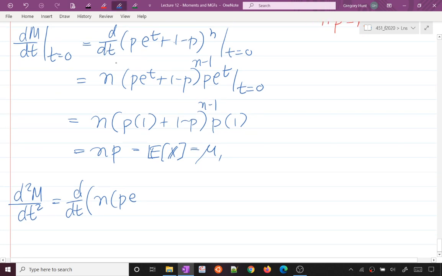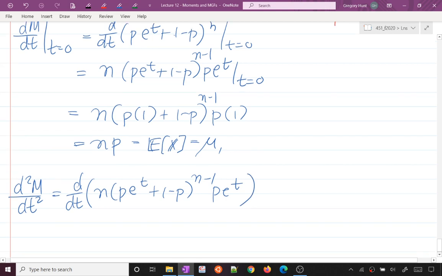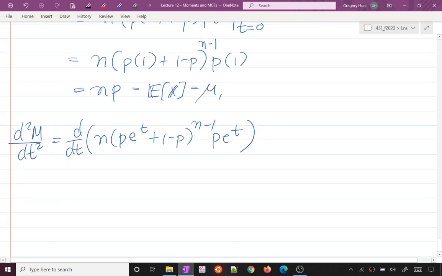So my first derivative is np(pe^t + 1 - p)^(n-1) pe^t. It's not so nice. We have to do some product rule to get this derivative, right? Okay, let's just do it out. Derivative of the first times the second plus the second times the derivative of the first, right?